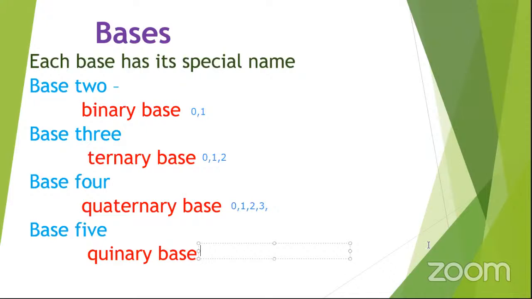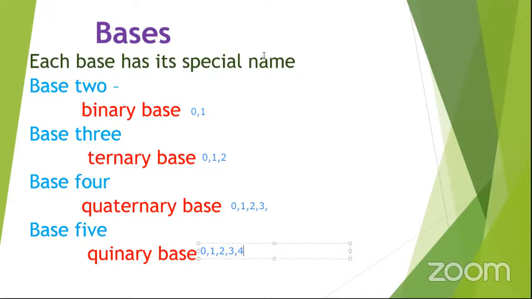Digits in base 5. Hema, digits in base 5. 0, 1, 2, 3, and 4. Thank you. 0, 1, 2, 3, and 4. So when you count them, you realize that these are 5 digits.